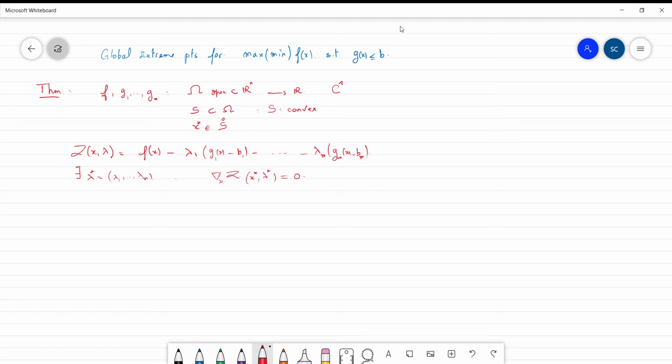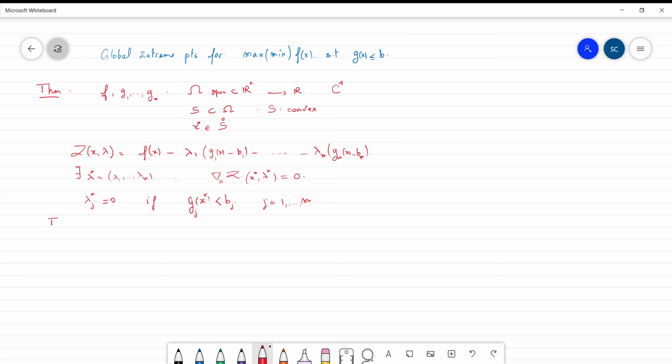So it is a solution of the system, with also lambda j star times (gj of x star minus bj) equals 0 if we have strict inequality gj of x star strictly less than bj, for j from 1 to m. So we didn't add the positivity condition on lambda, so that we include both.